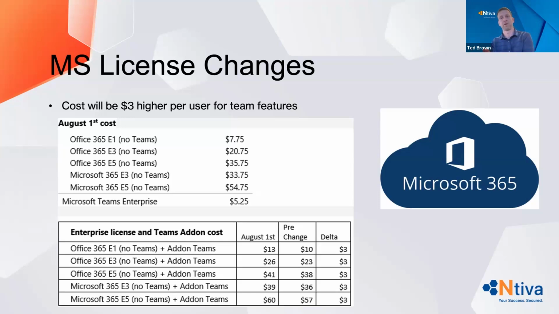So you can actually pre-buy this, pay for just a quantity of one, and then when it comes time to do those migration upgrades, whatever you want to do, you'll have the ability to utilize the full SKU that includes Teams, that's not the $3 higher license one, and make sure that you actually have the lower cost version today. But again, that would have to be some action taken before the 1st of August to not have that increased cost of $3. So there are some tricks you can play in there.